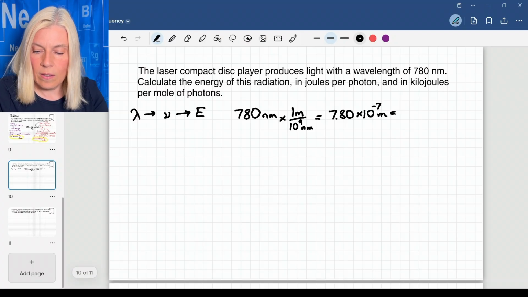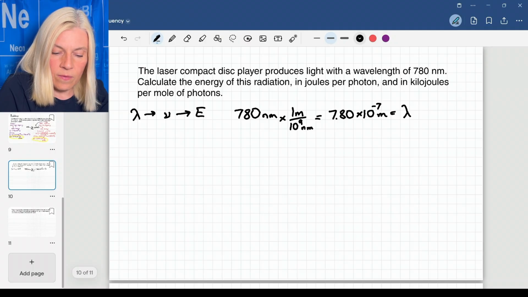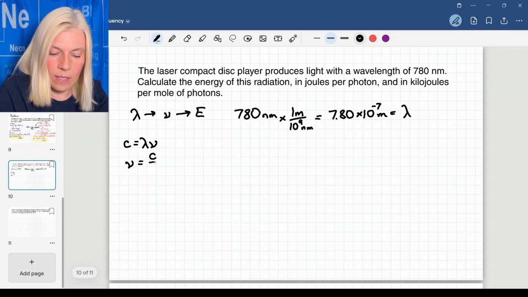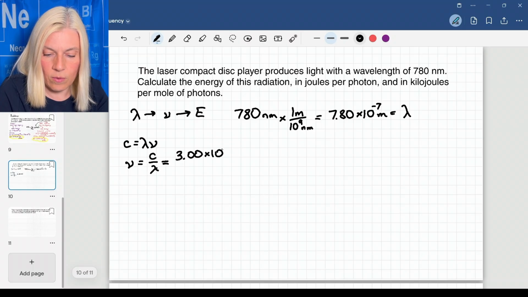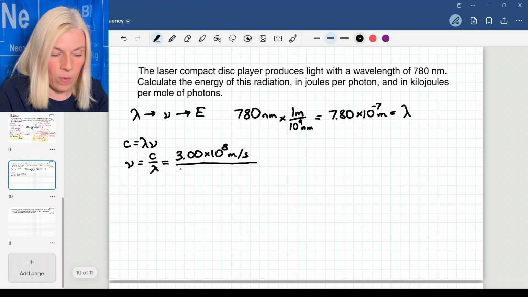That's my wavelength, right? And then I have, well, C equals lambda nu. So I can figure out my frequency, C over lambda. So I have 3.00 times 10 to the 8th meters per second. Let's divide it by my wavelength.